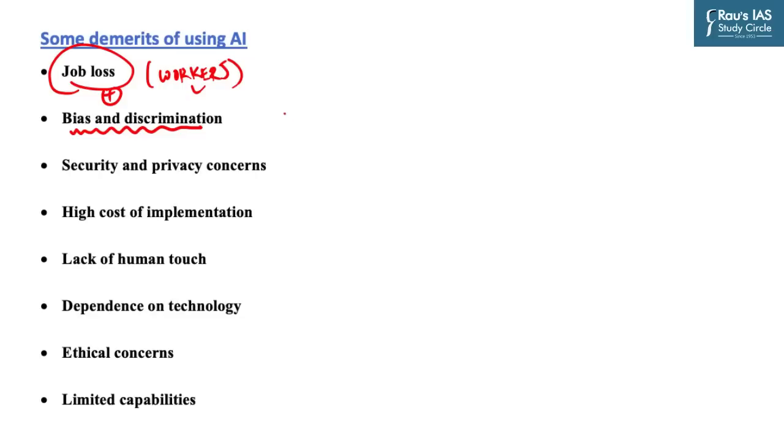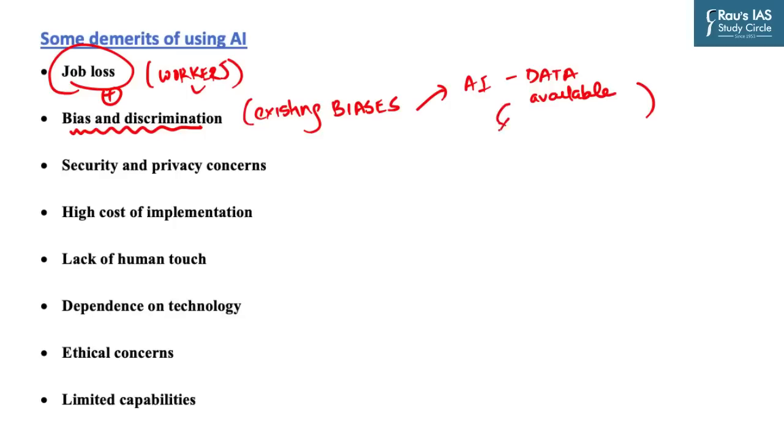AI systems can perpetuate and amplify the existing biases because AI is itself working on the data that is already available, and the available data may be showcasing some kind of bias, and AI will learn upon this data, analyze the data, and can thus promote bias and discrimination on another level.